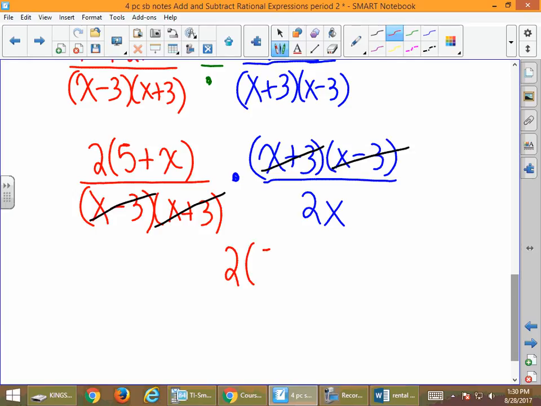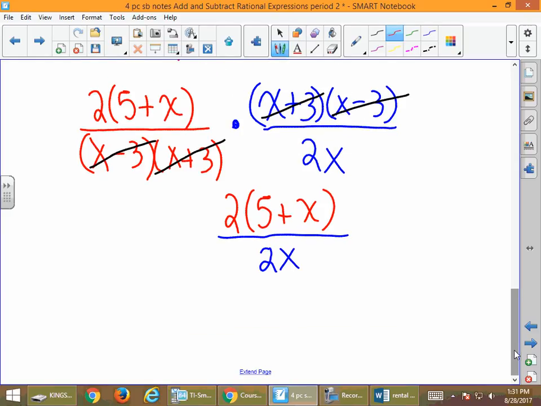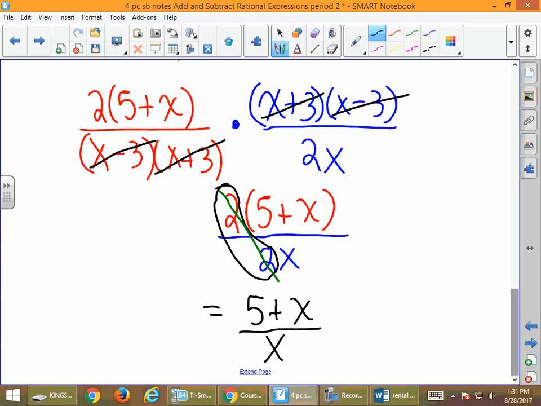We've got 2 times 5 plus x up there, and in our denominator, we've got a 2x. Remember, we can look at that monomial, those single values there. We've got a 2 that's exactly the same on the top and the bottom. Those values cancel out, and we're left with 5 plus x divided by x.